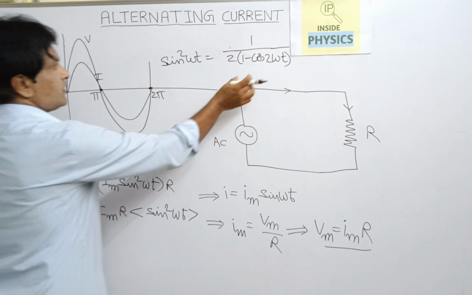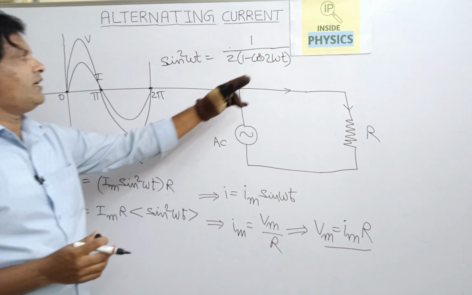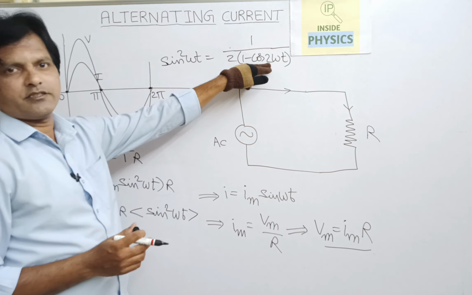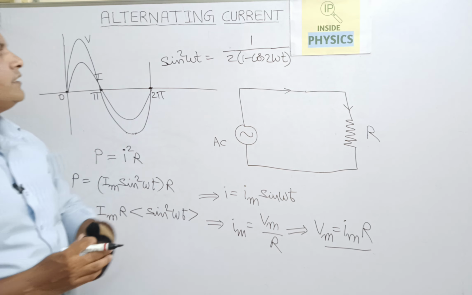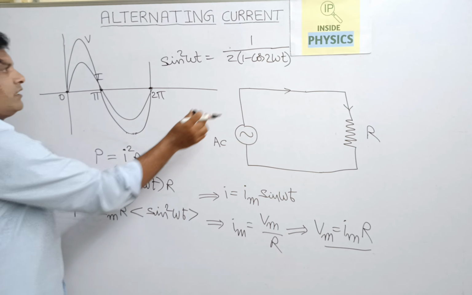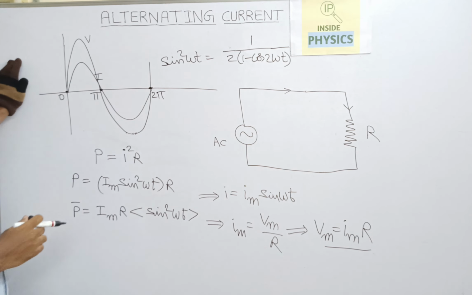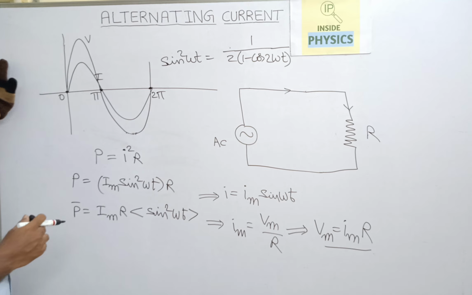So here cos 2 omega t is the variable, and we need to get the average for this value. So here we take the average of the function cos 2 omega t. How to get the average of any function?